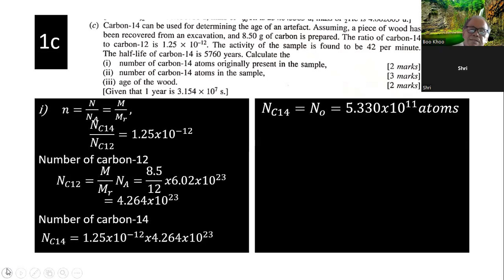Okay, what should I do next? Number of C14 atoms in the sample. We calculated it initially. Now the number present after a time t, or the number present in the sample now.